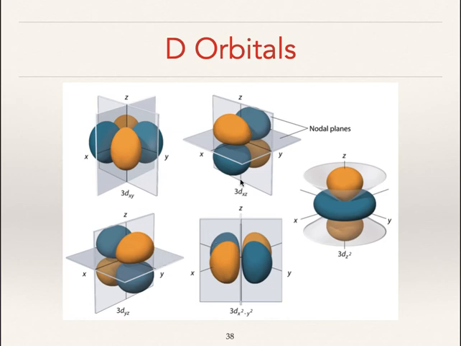If you look at the d orbital, it's not that the electron is in one of these lobes at any given time. In fact, because electrons are waves, the electron is in all 4 of these at the same time.